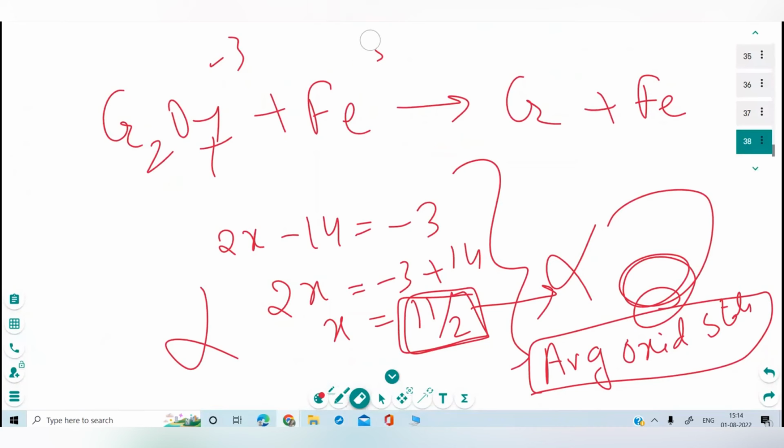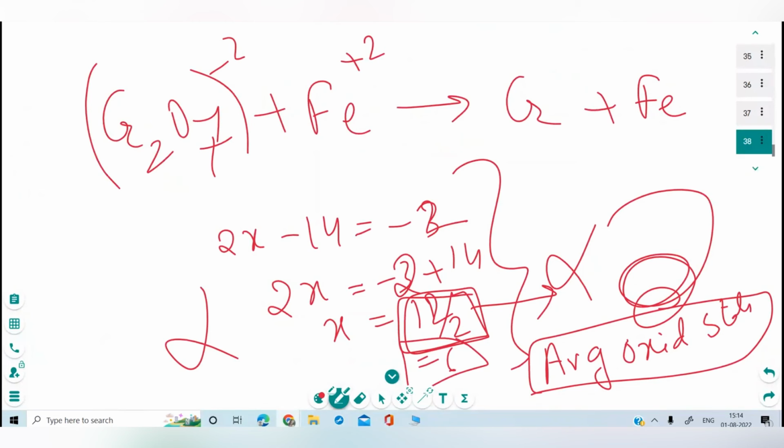So then what will you do? Again, you will go here and this time you will take iron as +2 and this will be -2. This whole thing I'm talking about. So when you do -2 here, you will get 12 by 2, which is equal to 6, which is a whole number or an integer. So you will say, okay, fine.